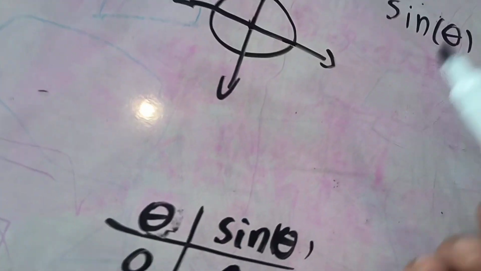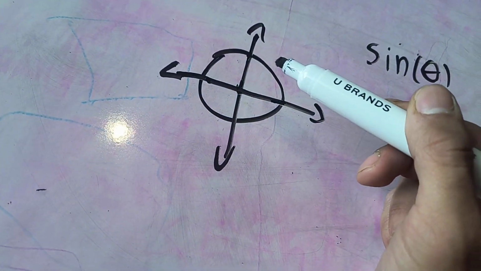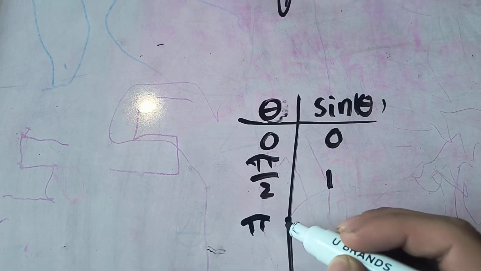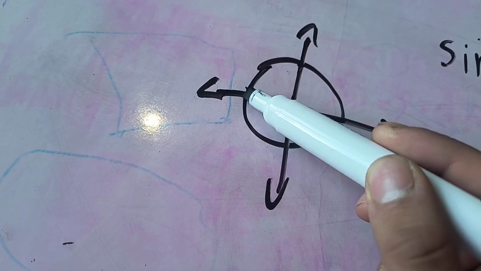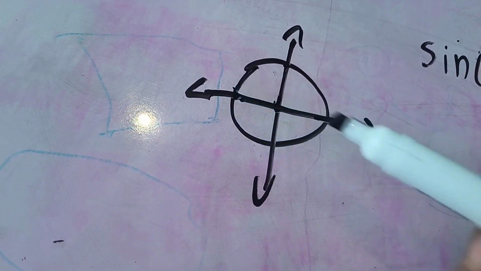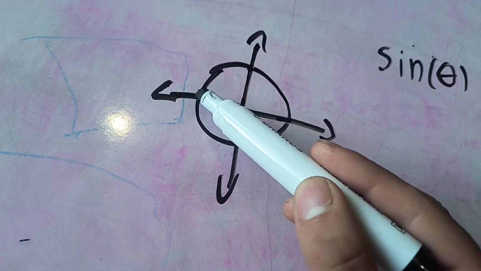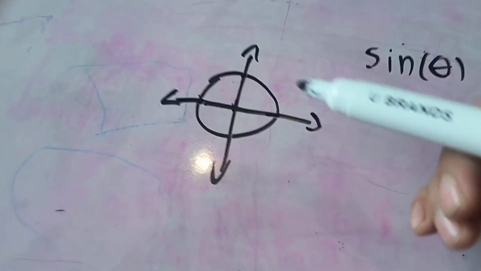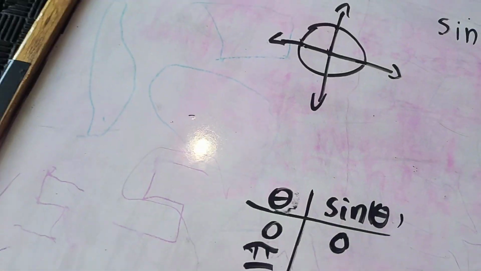Now what about 2 pi over 2? From here all the way to right here, which is 180 degrees, or you could just say pi, that is going to be equal to this intersection right here, which is 0, since sine is just equal to the y value at the intersection point of that angle with the unit circle.